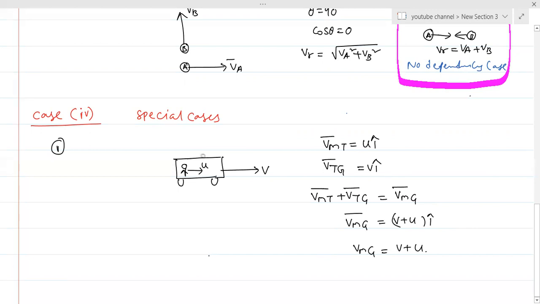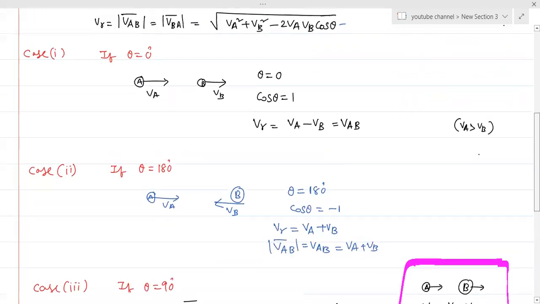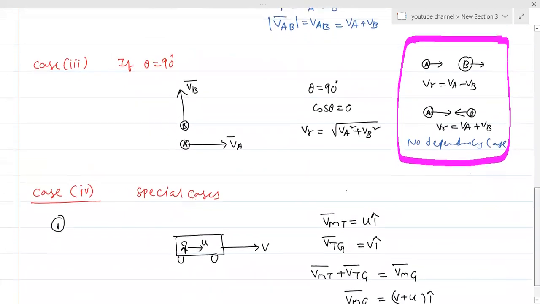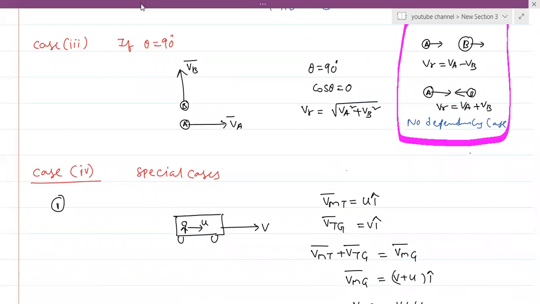Don't get confused with the above example, because there, if both bodies are moving in the same direction, we have taken a negative sign. That is obviously a no-dependency case, because A and B are not depending on each other.